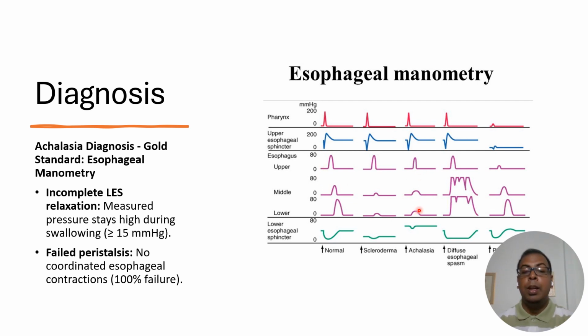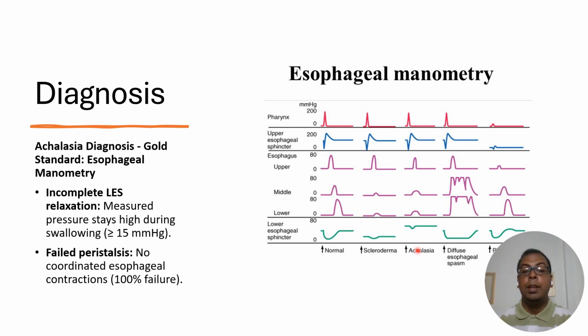But then when you get to the lower esophageal sphincter, where our pathology lies, and you compare it to normal, you see normally the lower esophageal sphincter should relax. The pressure should decrease to allow the lower esophageal sphincter to open and allow food from the esophagus to enter the stomach.